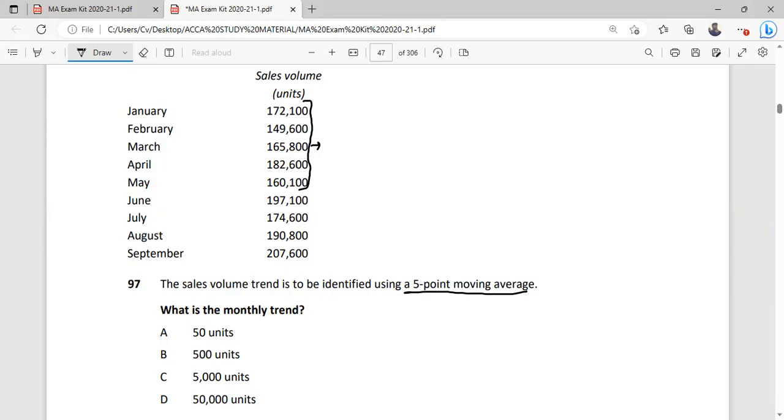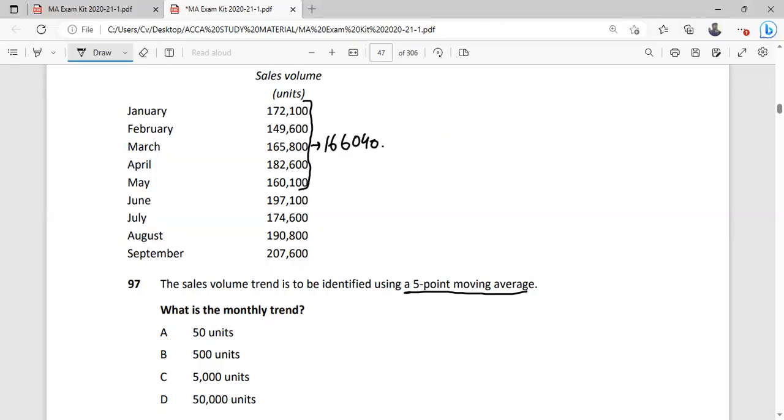172,100 plus 149,600 plus 165,800 plus 182,600 plus 160,100 divided by 5. So your answer is 166,040.